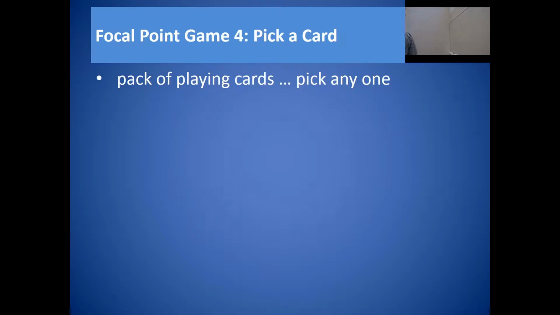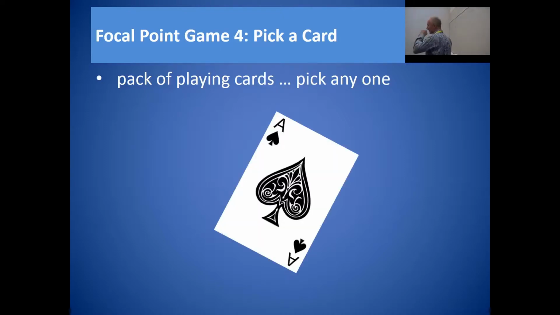If we pick the same card, we win the game. Okay? Okay, Diego. No right answer, no wrong answer. What card are you going to say? King of Hearts. Did you hear Diego at the front? For those who couldn't hear Diego at the front, he said Ace of Spades. Well done, Diego.